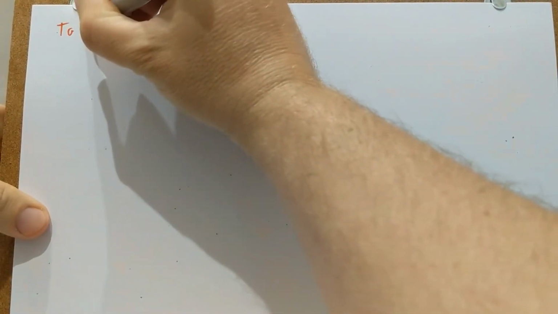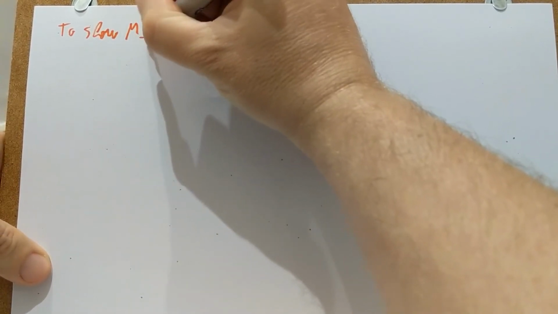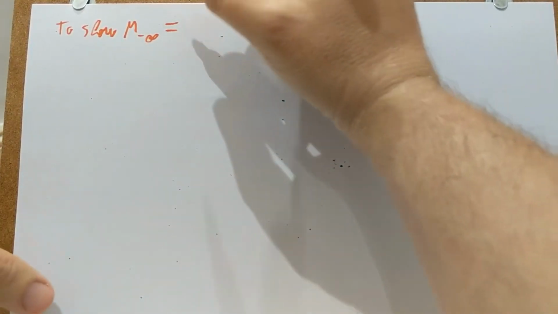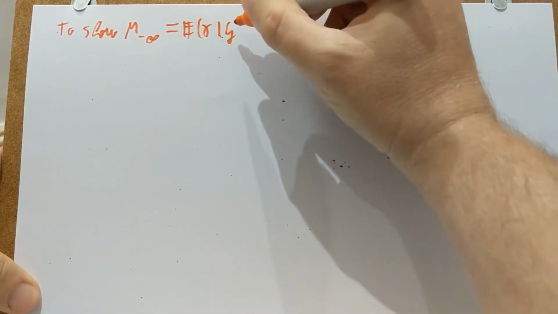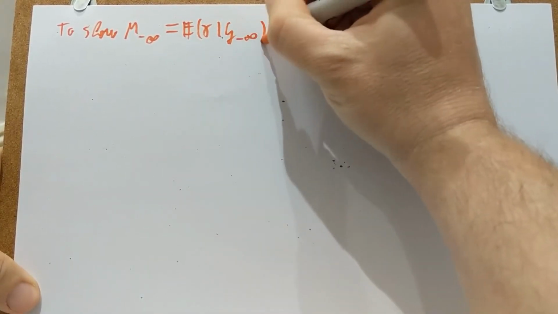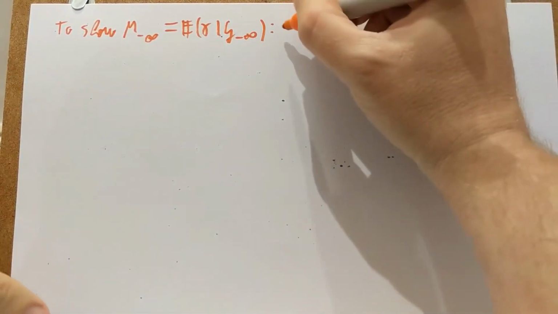Okay, so to show that we have this equality when we pass to the limit, so to show that M_{-infinity}, the limit we had, is actually equal to the expectation of gamma given G_{-infinity}, let me detail this a little bit. So this is almost surely, of course.